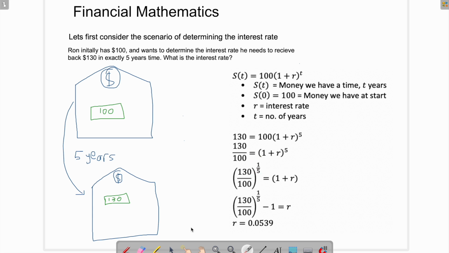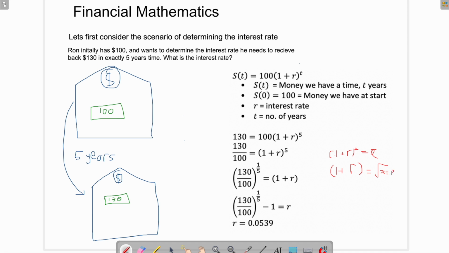For example, let me give you an illustration. If it was 1 plus R squared equals X, that is simply another way of saying 1 plus R equals the square root of X, which is just equal to X to the power of 1 on 2.